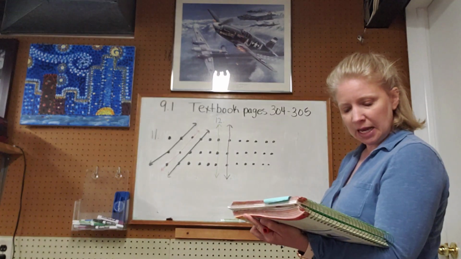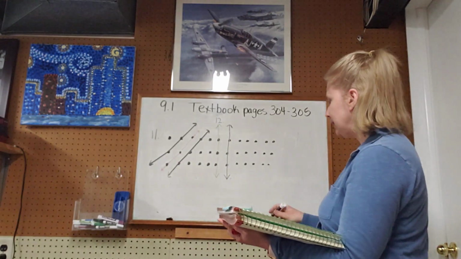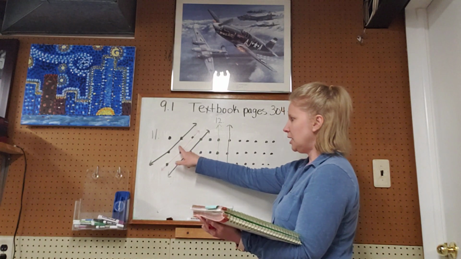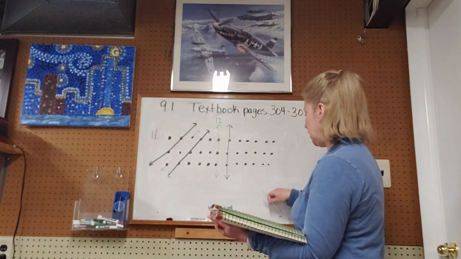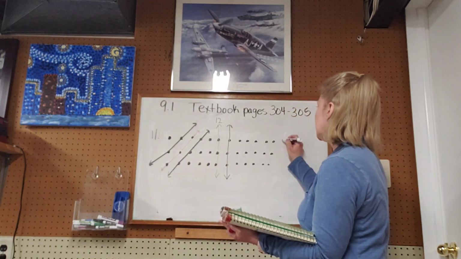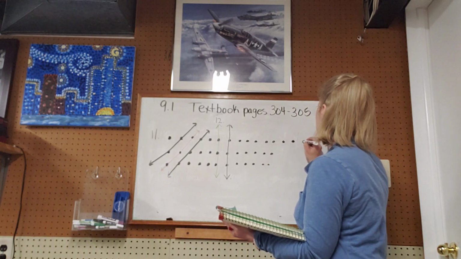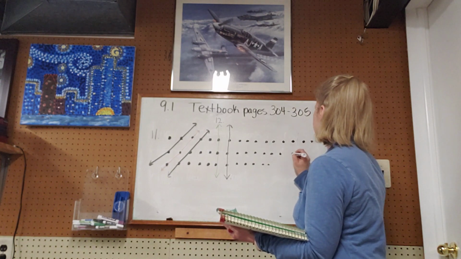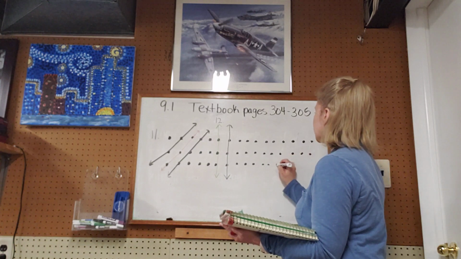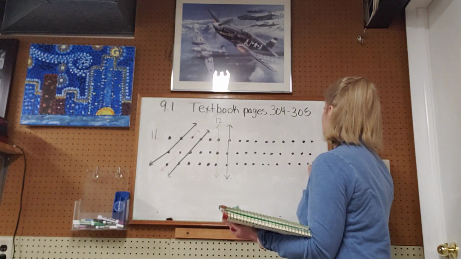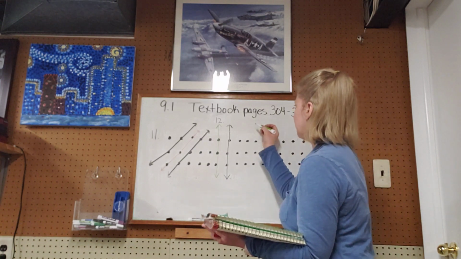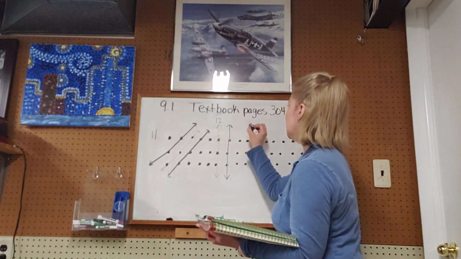Number 13, it intersects the red line. Okay, here's our red line again, but I'll do it over here so we can see it clearly and you can see it individually. Draw some more dots. Okay, this is going to be number 13.